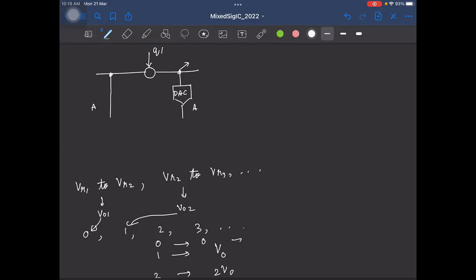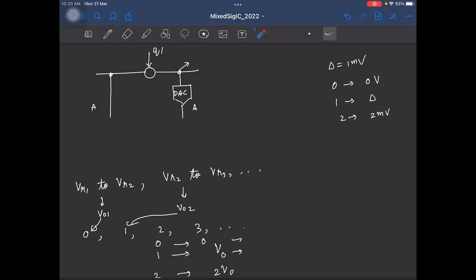Let's say my step size delta is 1 millivolt, for example. So what I will say is digital code 0 represents 0 volts. Digital code 1 represents delta, 1 millivolt. Digital code 2 represents 2 millivolts, and so on.